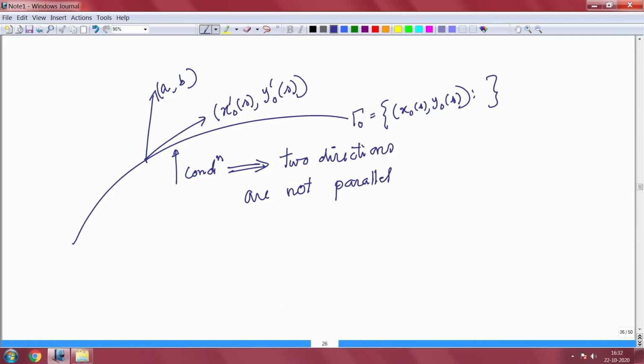That means this gamma naught should not be a characteristic direction. At no point should your gamma naught indicate the characteristic direction, because AB gives you the direction of the characteristics. So, the condition is precisely that your gamma naught has to be non-characteristic. You will learn more and more about that as the course proceeds.